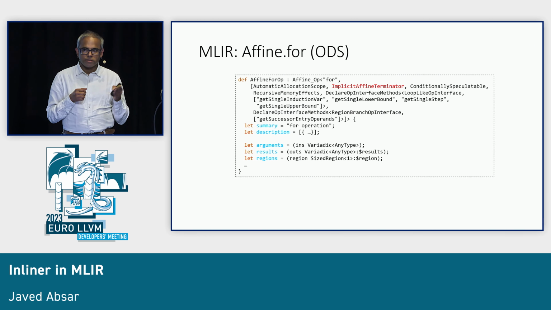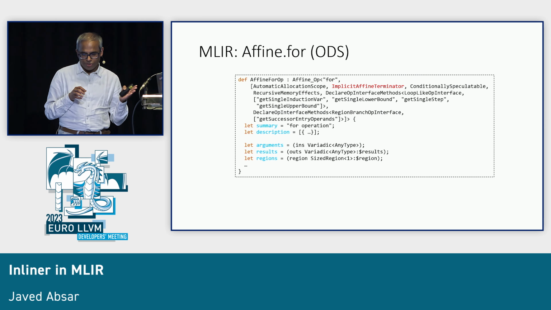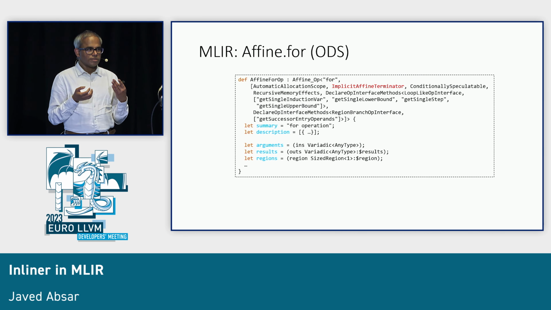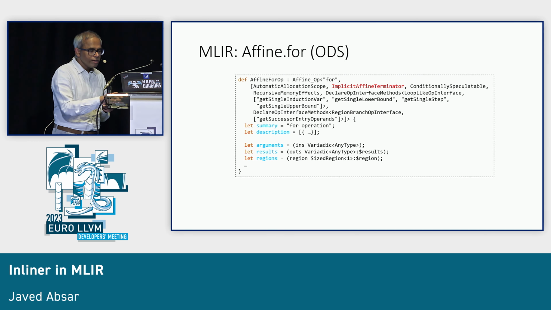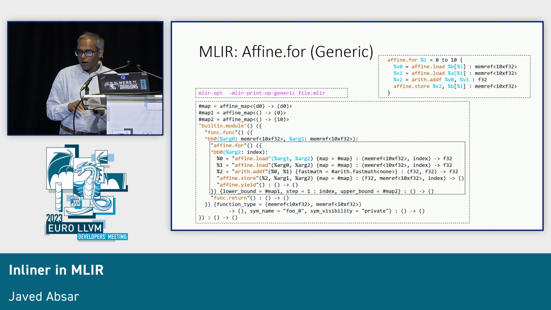And for the properties, whatever they mean, you can go and look them up in TableGen. A simpler example would be commutative. If you're doing a transformation that converts A plus B to B plus A, you can probe and ask, is this op a commutative op?